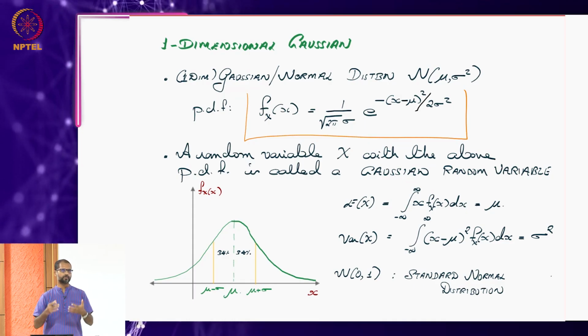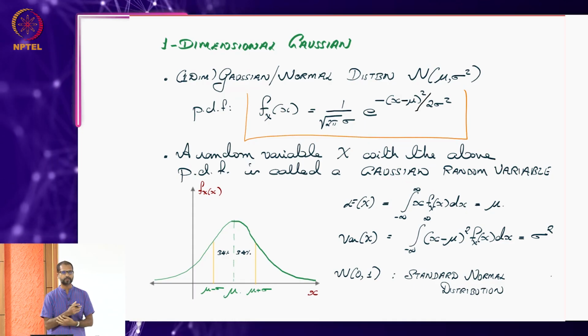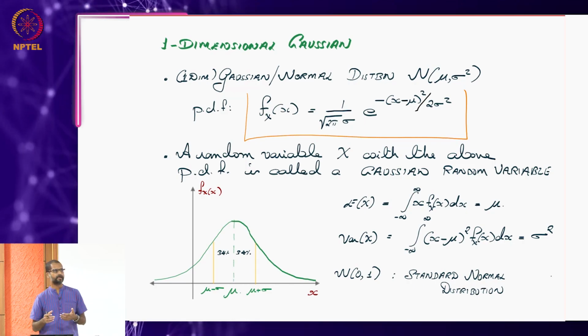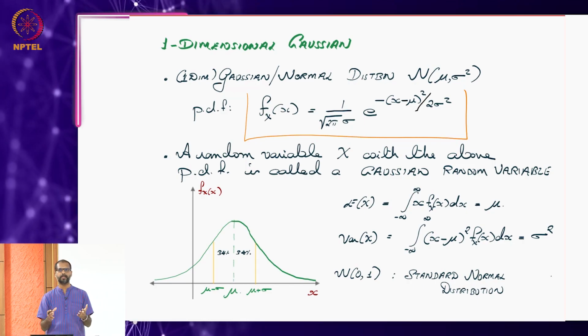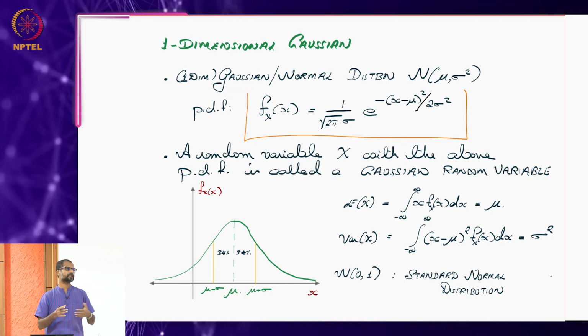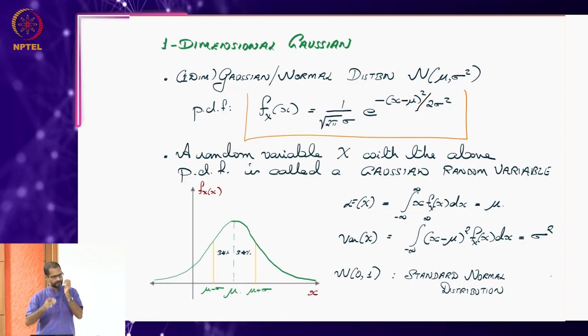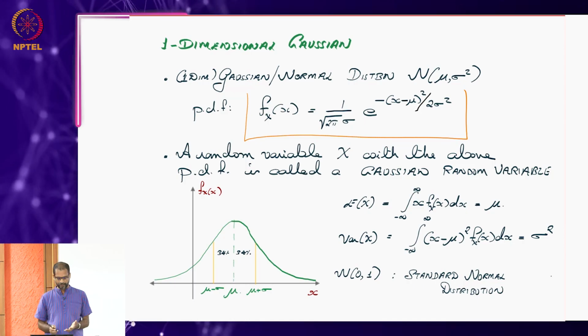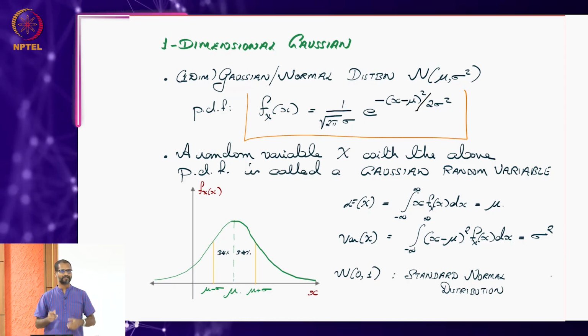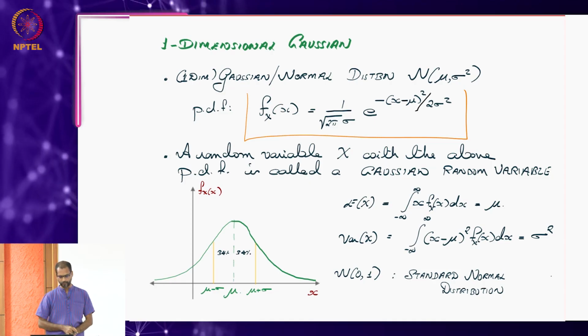If you go to 3 standard deviations, almost 99% of the probability is within 3 standard deviations on either side of the mean. Though the picture doesn't look so, it is a very well concentrated distribution.